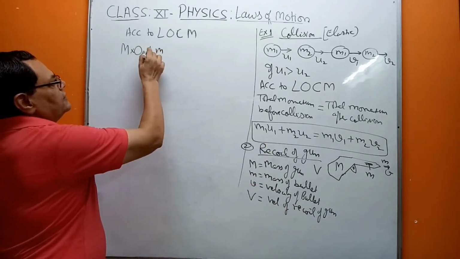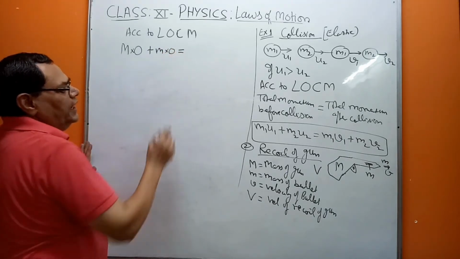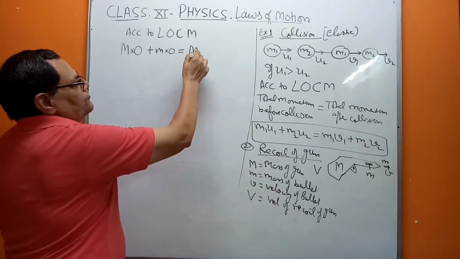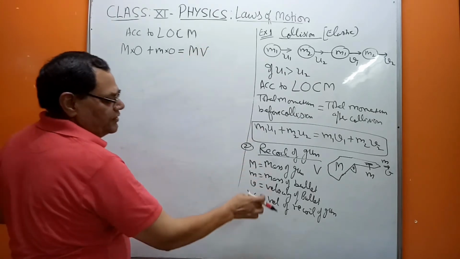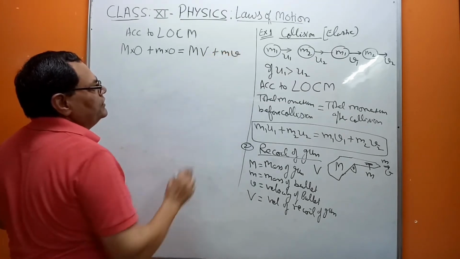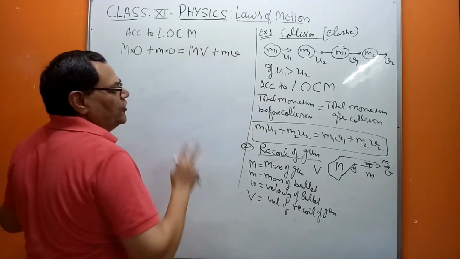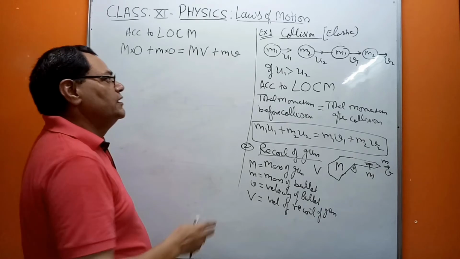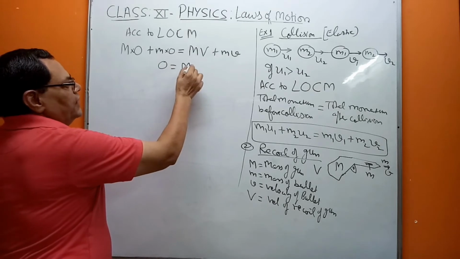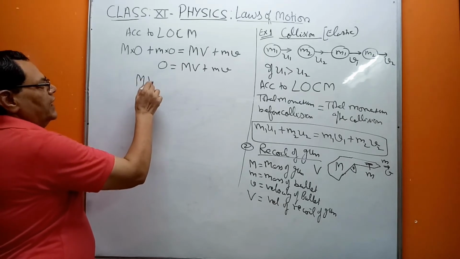Similarly, the bullet was also at rest, so its velocity was 0. After firing, capital V is the velocity of the gun which we have assumed, and the momentum of the bullet will be m into v. So the momentum of the gun is capital M into capital V, and of the bullet is small m into small v. But before firing it was 0.